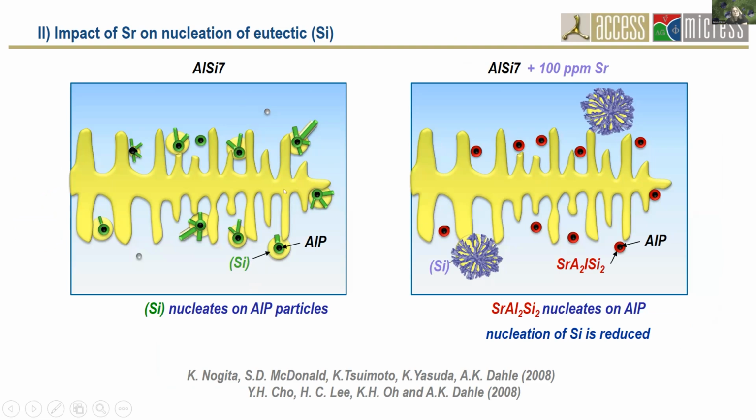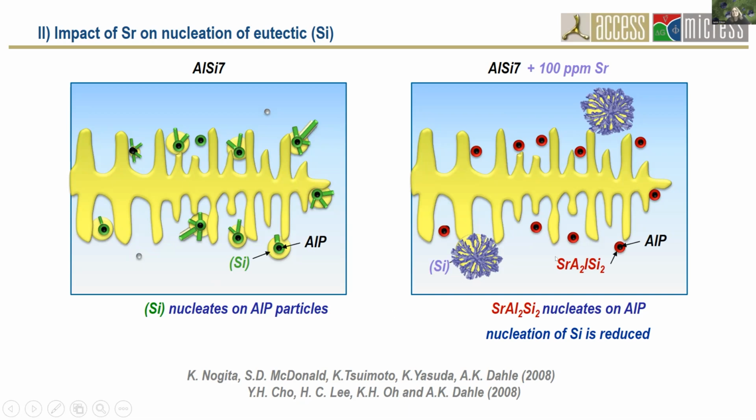Commonly in an unmodified alloy we have a lot of phosphor in it. We have just small amounts of phosphor, but it's sufficient to form aluminium phosphides, and these are a potential nucleation site for the silicon, so we usually have many nucleation sites.